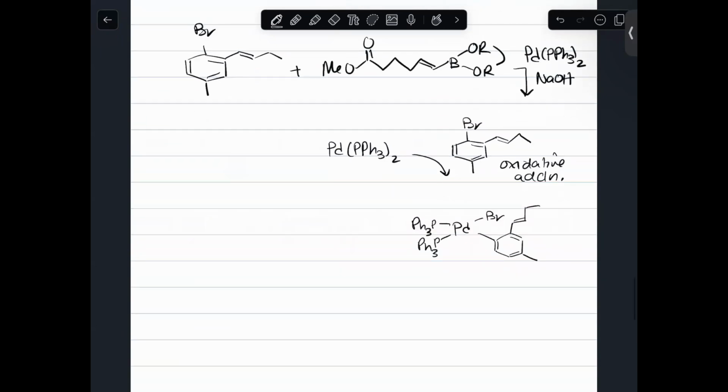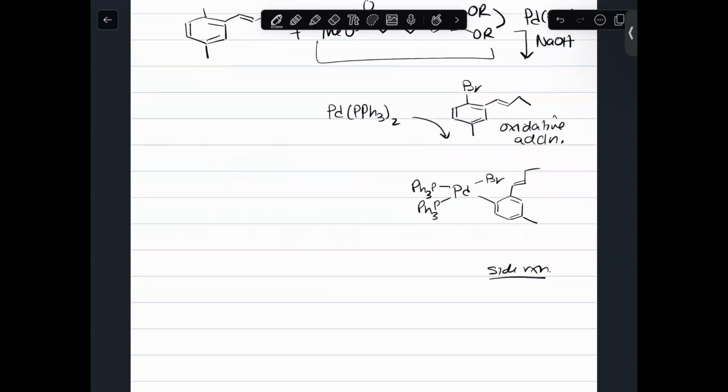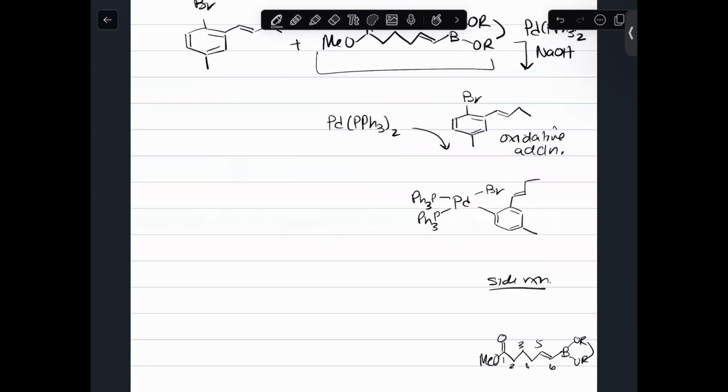Our second step is transmetallation, but I can't do the transmetallation until I prep this vinyl borane. So my side reaction is the prepping. So I take my vinyl borane, I add my sodium hydroxide to activate my borane.